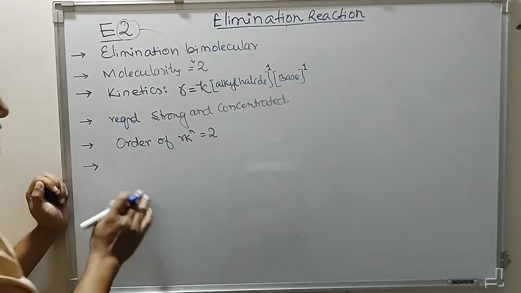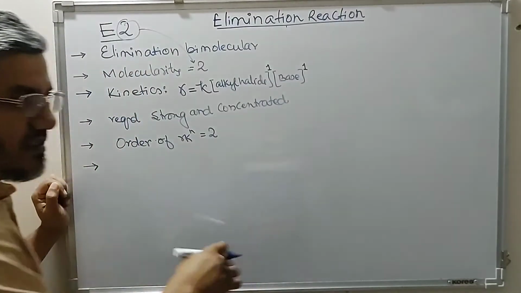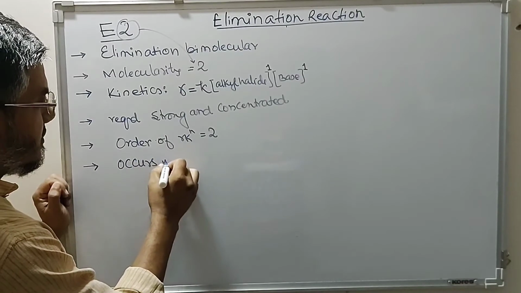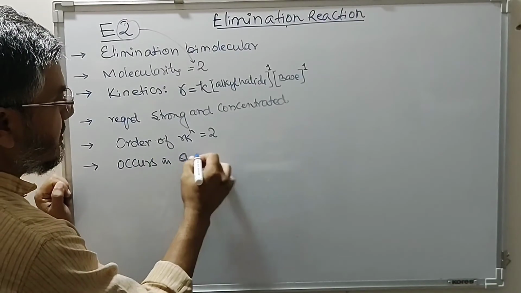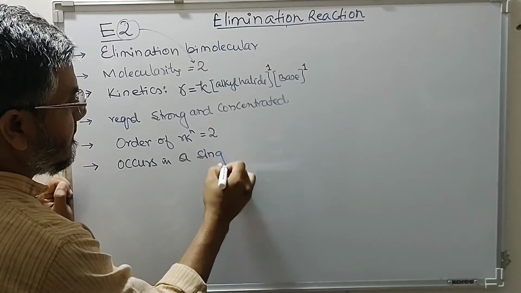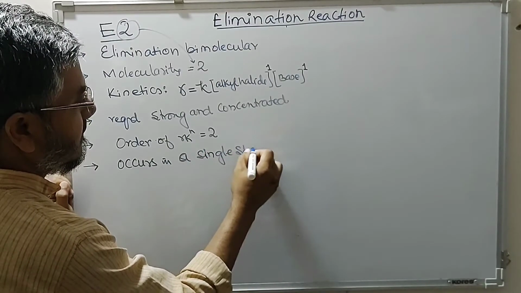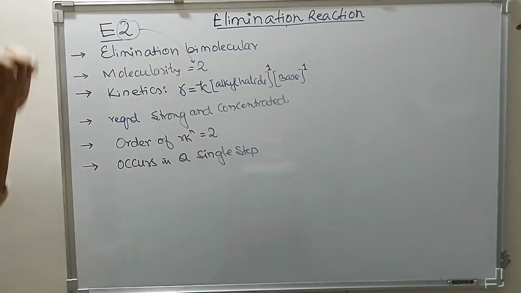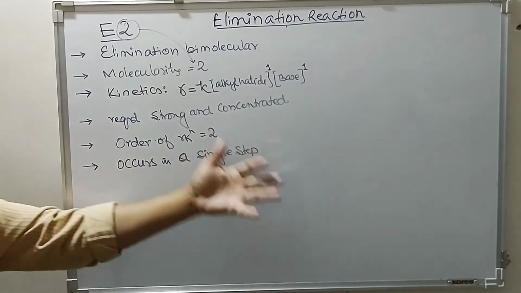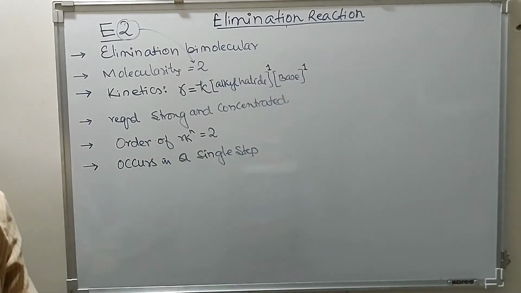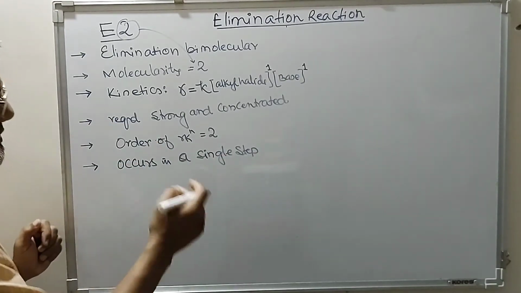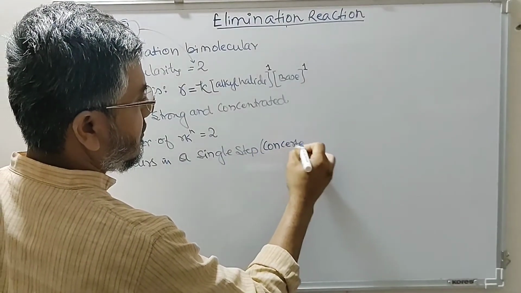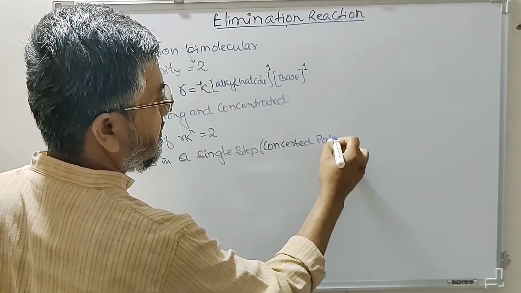E2 reaction occurs in a concerted single step pathway. So the number of steps involved in this E2 mechanism is a single step. Whenever a reaction occurs in a single step, we say this is a concerted mechanism.